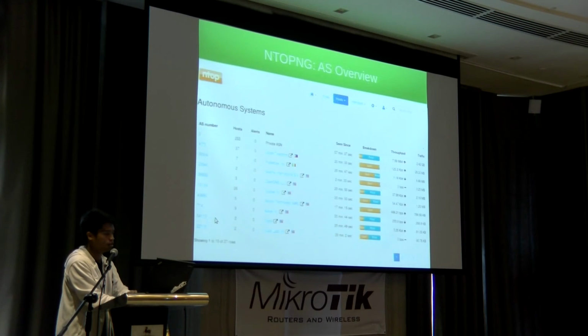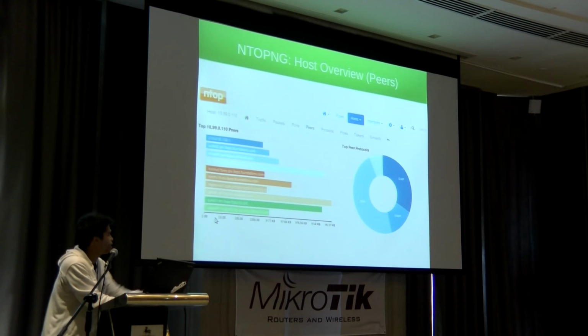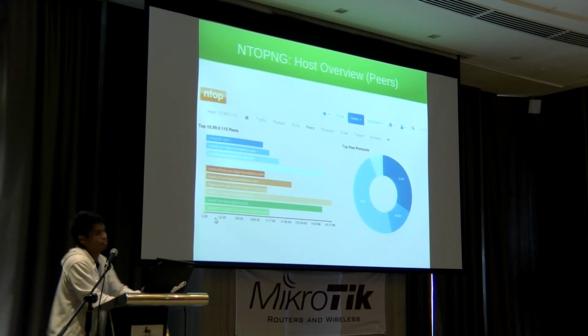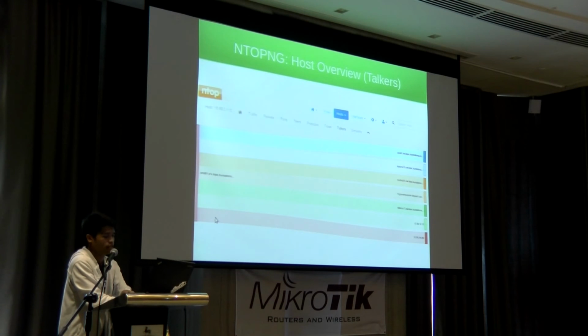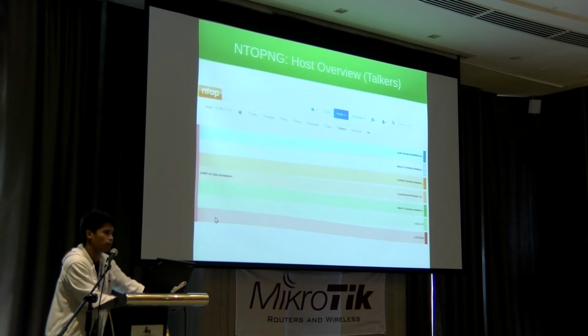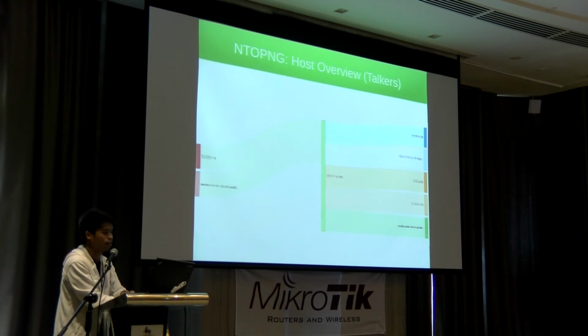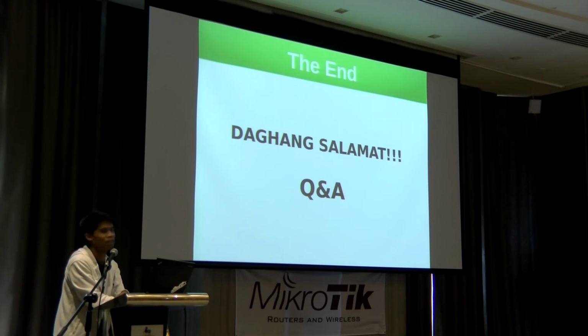And also, you can see the top peers. You can also see the bidirectional. This is what we are talking about. We can see the ingress and the egress traffic for this one. And same as here. Daghang salamat.